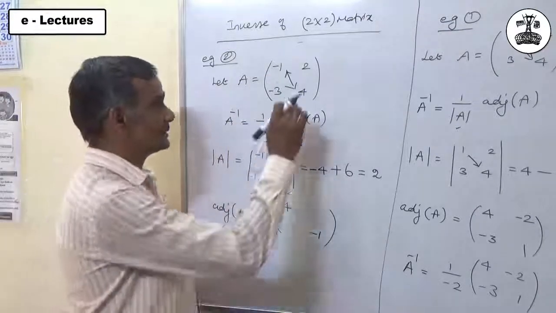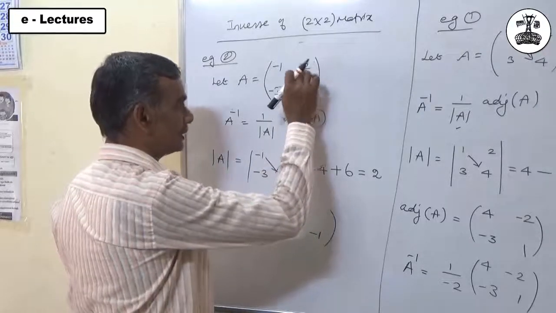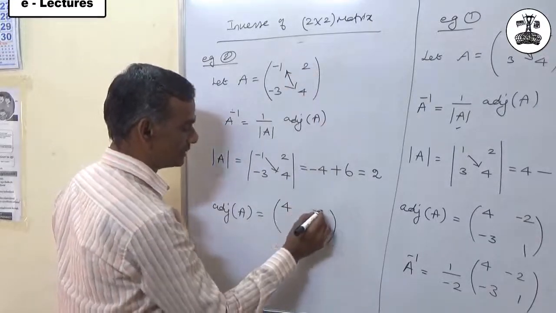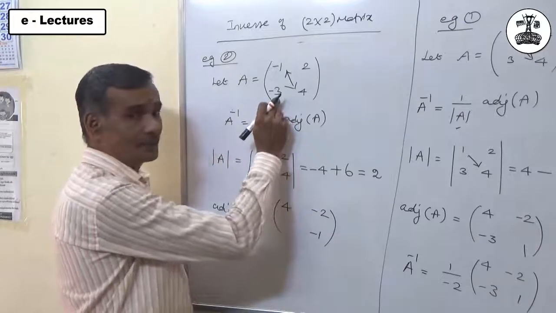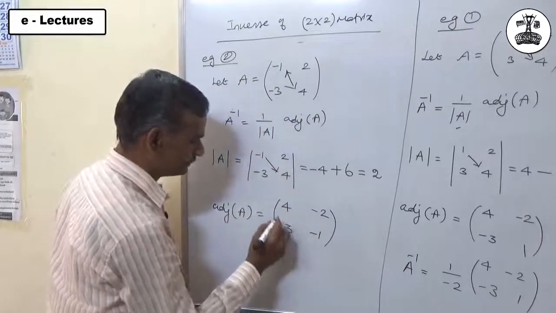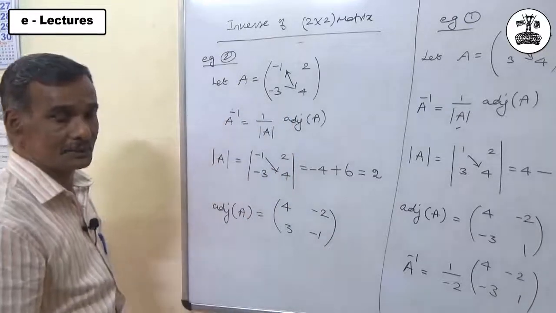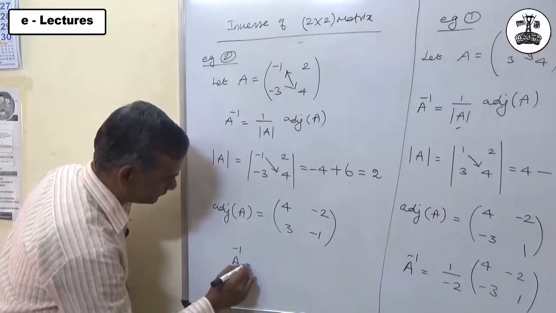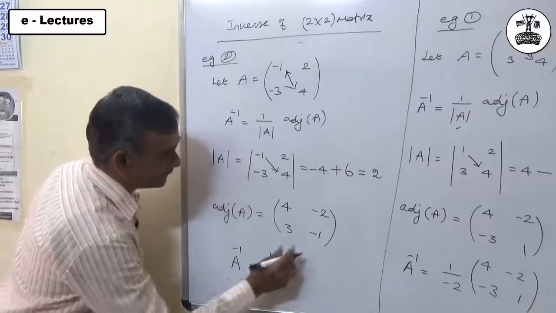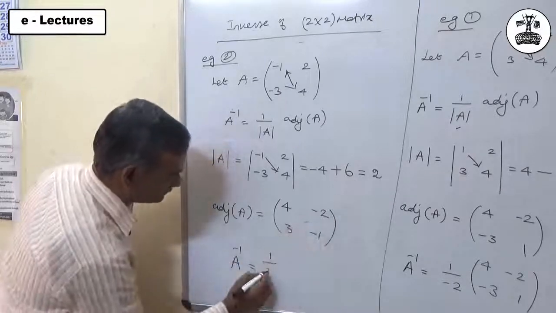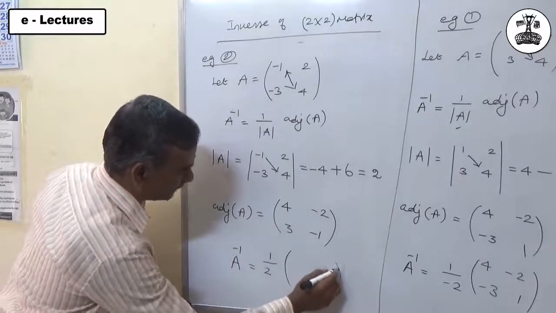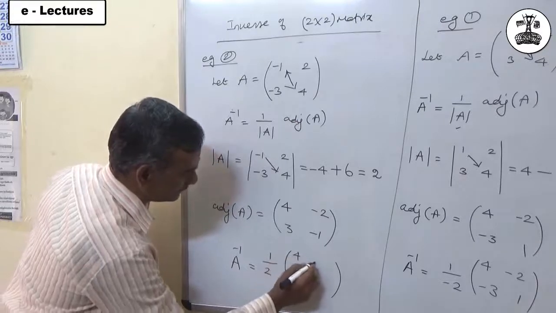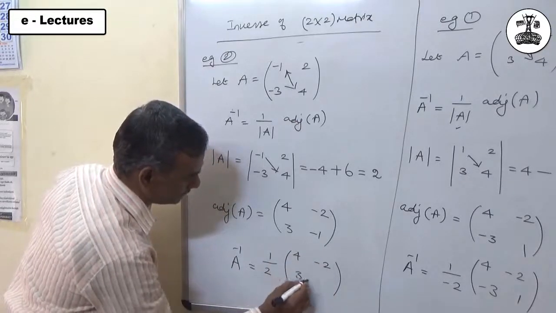So change the sign of B and C. So 2 வந்து +2 இருக்குது. So -2. -3 வந்து +3. Right. So A inverse equal to 1 by determinant A, 2, into adjoint of A. So 4, -2, 3, -1.